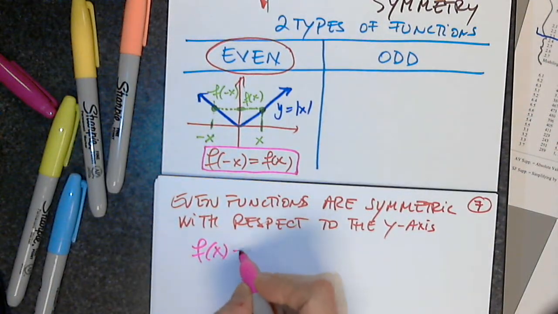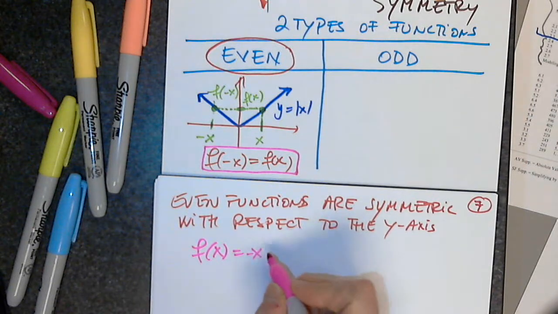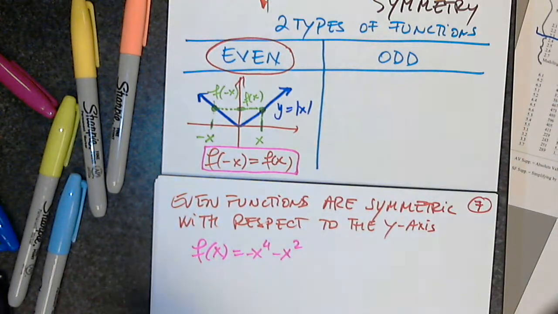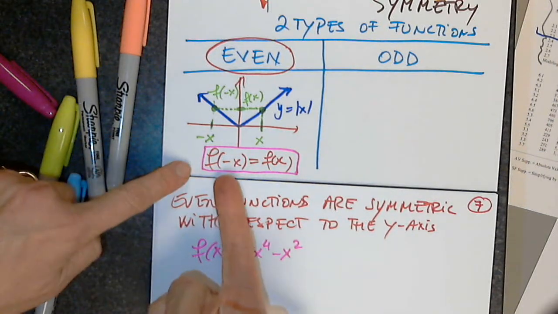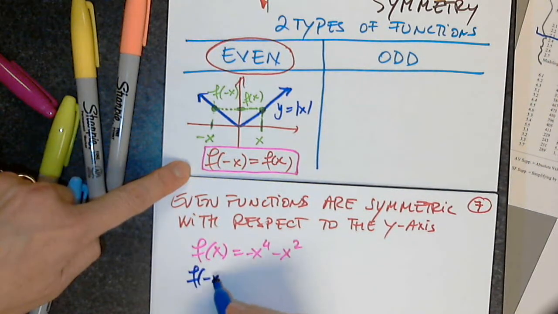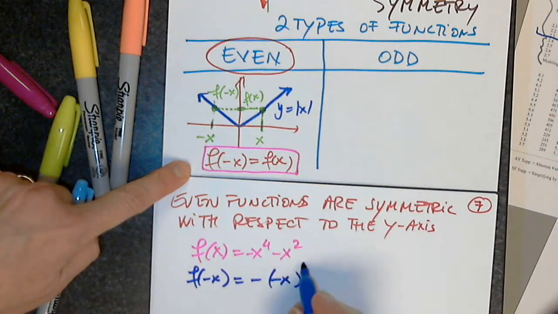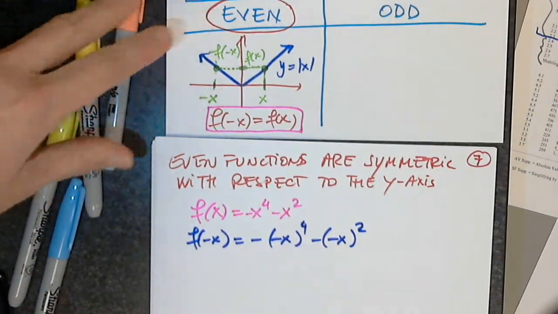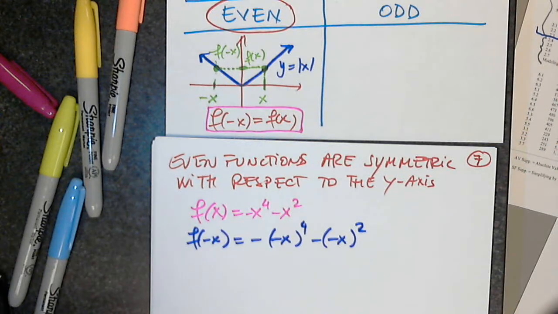Let's say f of x equals negative x to the fourth minus x squared. Is this function even? You should say, I have no clue. I have no idea. Let me calculate this. Negative x to the fourth minus negative x squared.